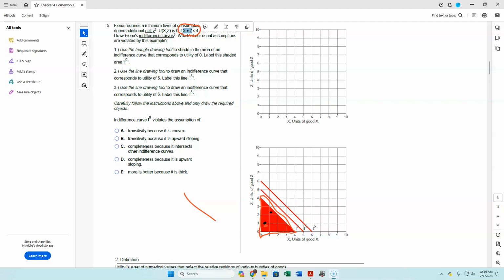Now, what we know is that from these two bundles right here, one would prefer this bundle, which has more of both goods, to this one, which has less of both goods. But because they're on the same indifference curve, you're saying that they're also an equal amount of happiness. So our problem here is that indifference curve 0, because it's so thick, is violating more is better, where you could be on extreme parts of that indifference curve and be at a point where non-satiation, or more is better, is violated.